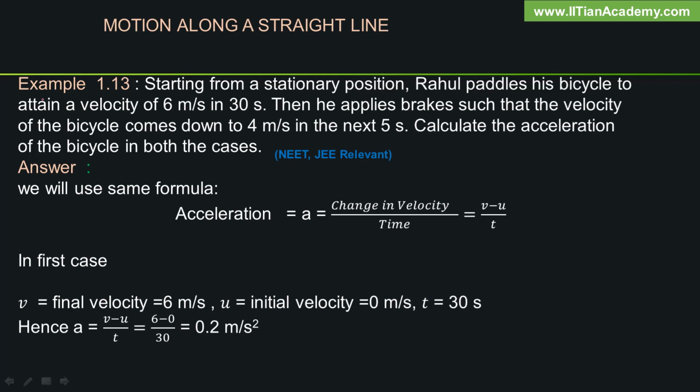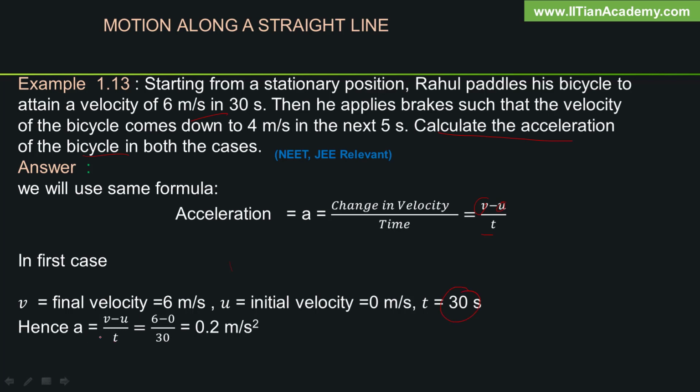Here, we have to calculate acceleration of a moving body when initial and final velocity is given. Initial velocity is 0 and final velocity is 6 meters per second in first case. Time taken is 30 seconds.